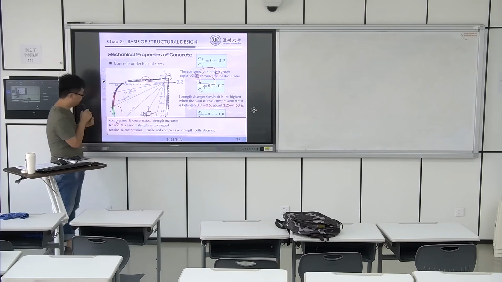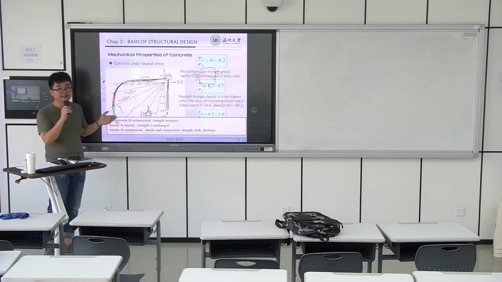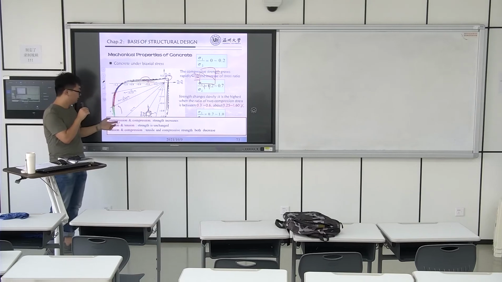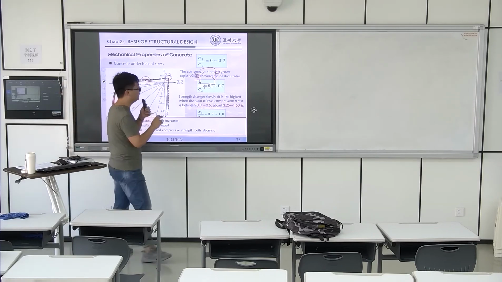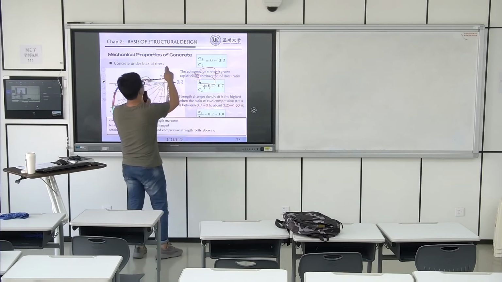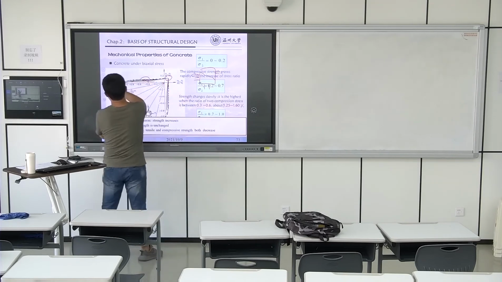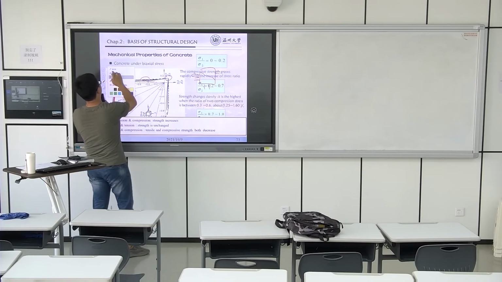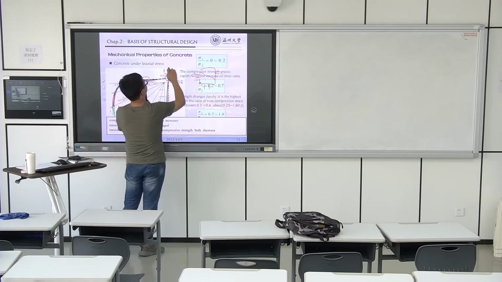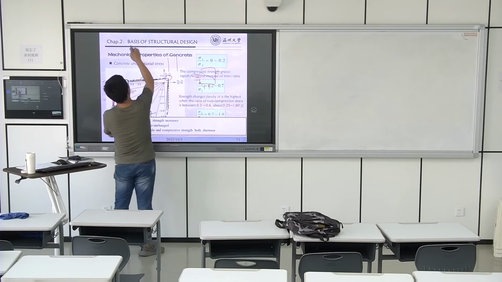We know that for the concrete specimen under biaxial compression, it can increase the concrete strength. That's why somewhere we can find this tube, right?